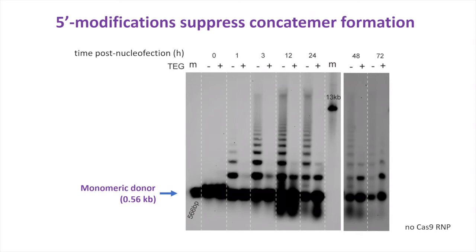The cell seeks to repair double-strand breaks, and this generates a sort of ladder of concatemers of increasing size. Whereas in the right lane of each pair, you can see that the presence of a TEG group on the 5' end of the DNA blocks the formation of that concatemer. At long time points, maybe that PEG is being cleaved off. And so you do see some concatemerization at long time points, but you can see a pretty dramatic drop.